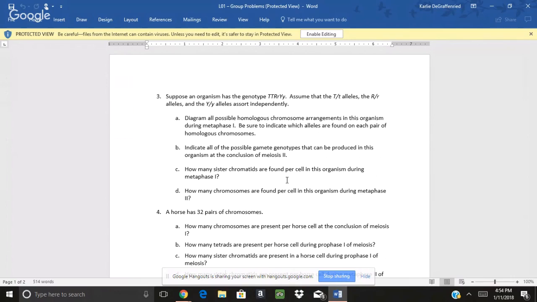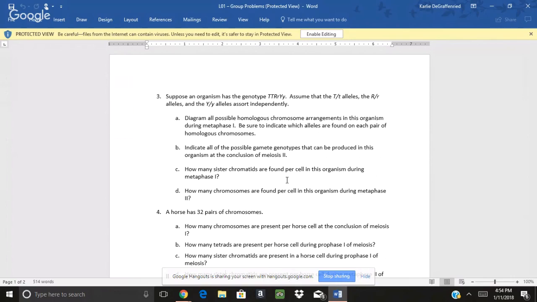Indicate all of the possible gamete genotypes that can be produced in this organism at the conclusion of meiosis II. So in this case, the chromosomes are going to be by themselves in a haploid cell. This is the way I understand it.